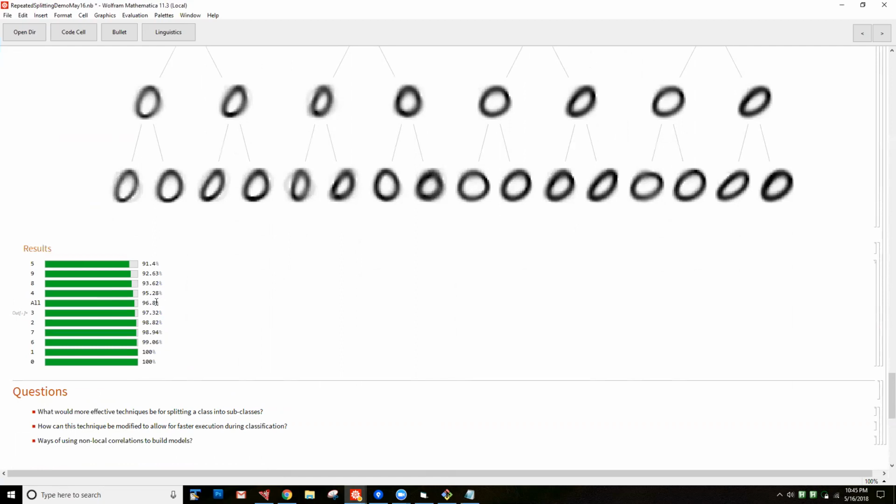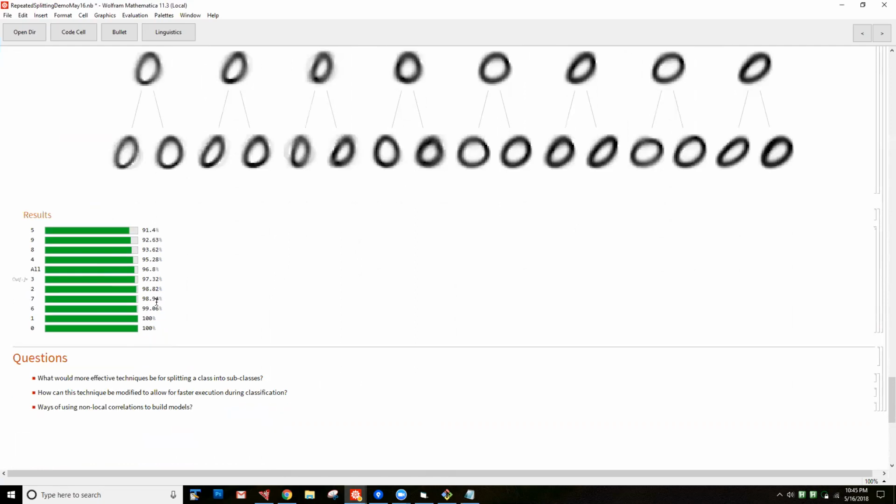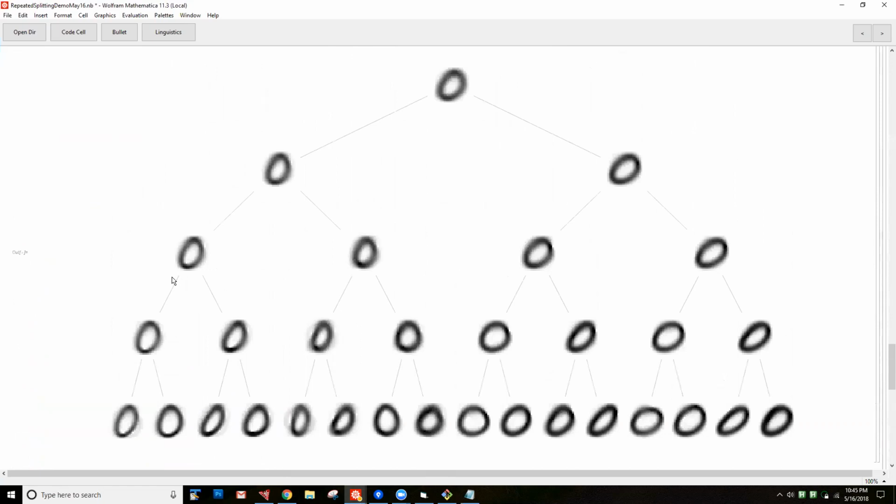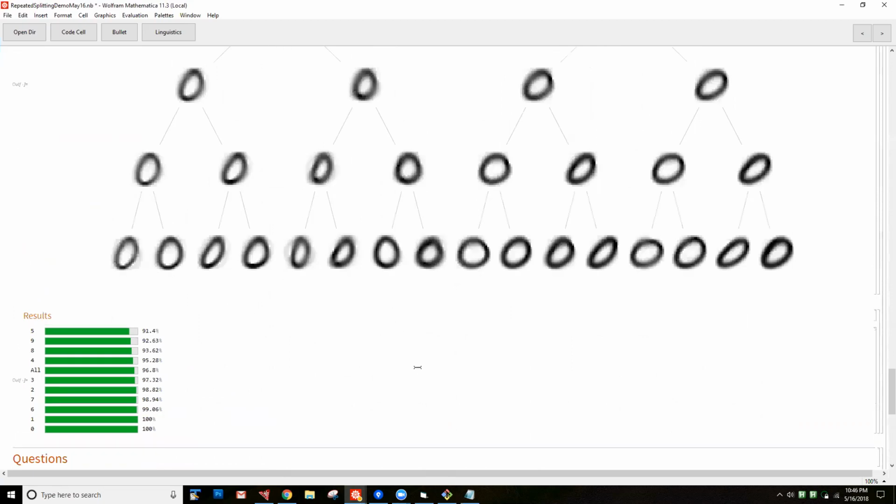But I just find that an interesting result, that it would so dramatically increase the accuracy of the classifier. And overall, just intriguing that this technique of choosing a 50-50 pixel and splitting the class results in such coherent subclasses.